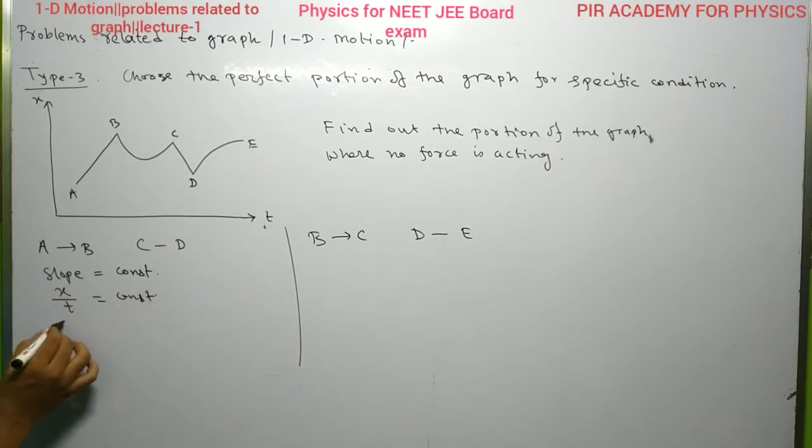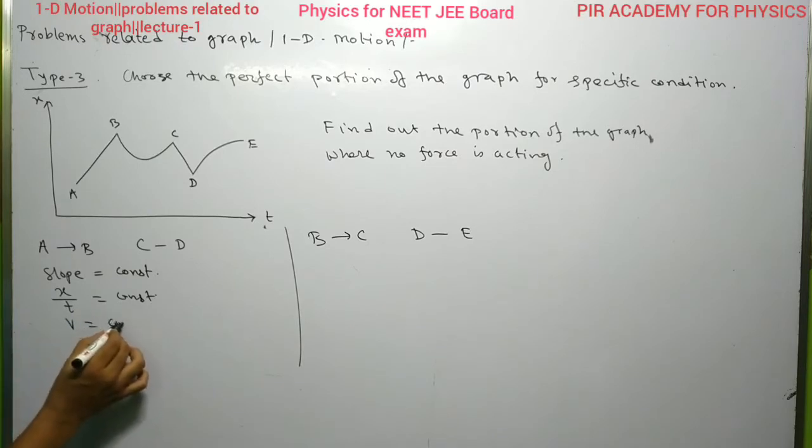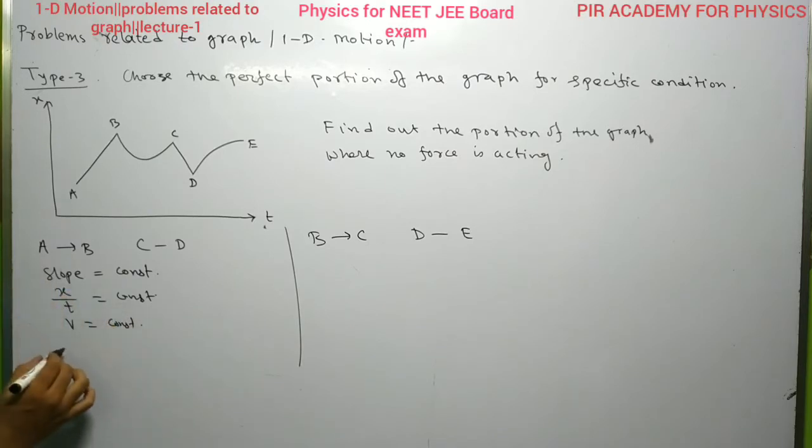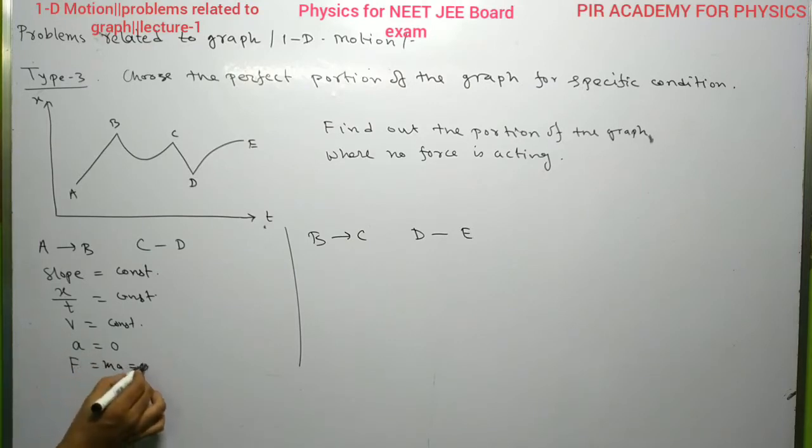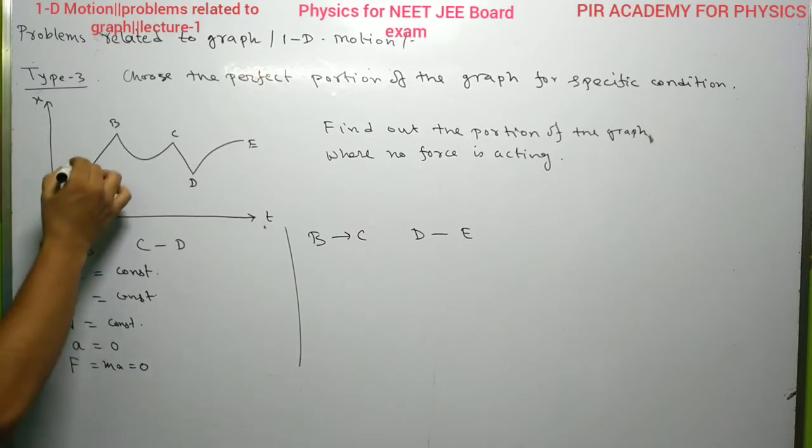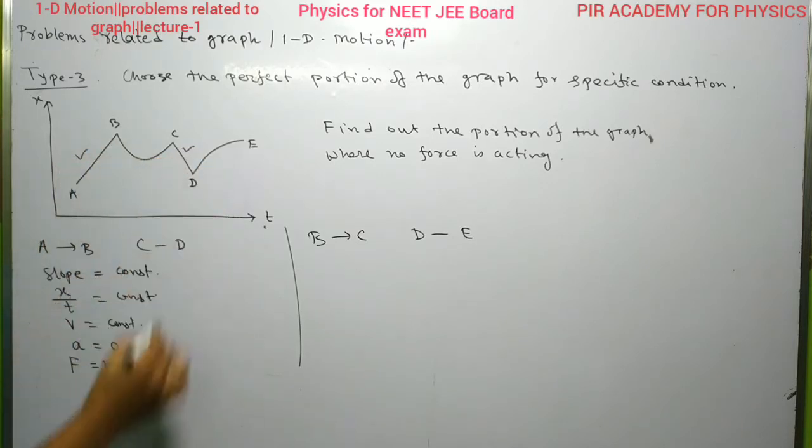If x by t is constant, that means velocity is constant. If velocity is constant, that means acceleration is 0. If there is no change in velocity, then acceleration will be 0. That means acting force equals m into a, that means acting force is 0. So in this portion and in this portion, acting force will be 0.